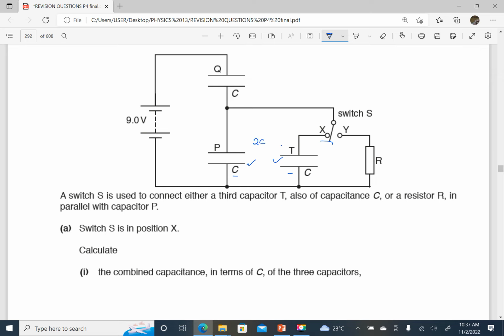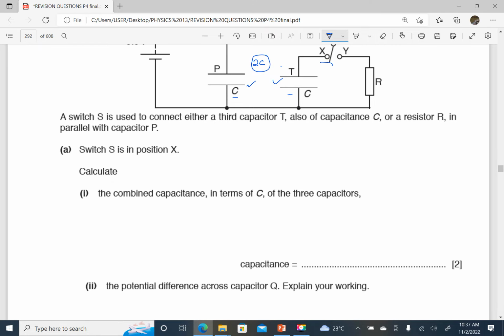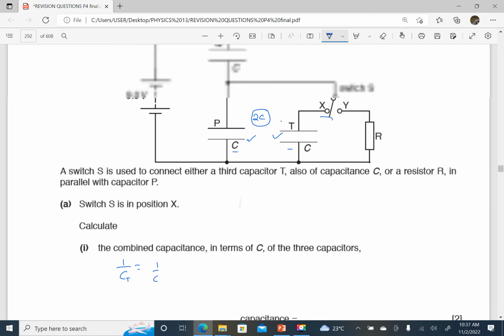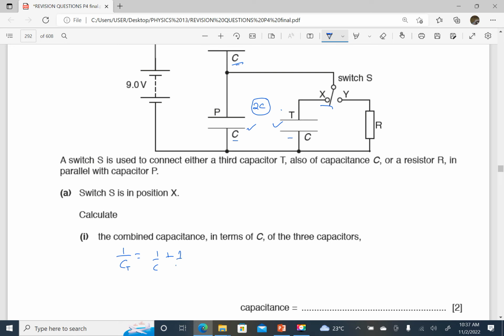We just add. Now we assume we have one capacitor at the bottom, which is 2C, in series with the capacitor Q. The combination of P and T gives us one capacitor, which is in series with Q. Since capacitors in series are combined using reciprocals, 1 over total capacitance is going to be 1 over C, the capacitance for Q, plus 1 over 2C, the total capacitance in parallel.